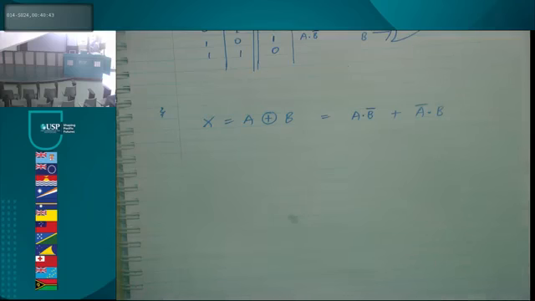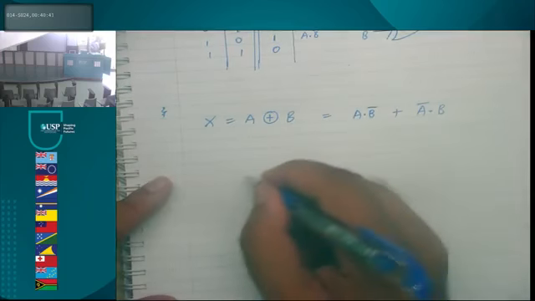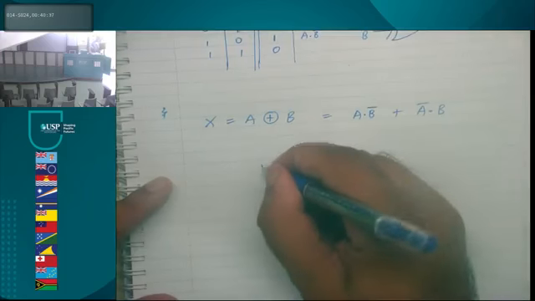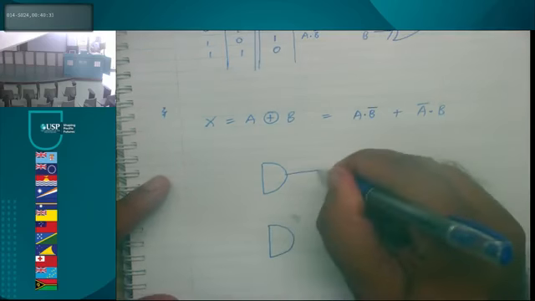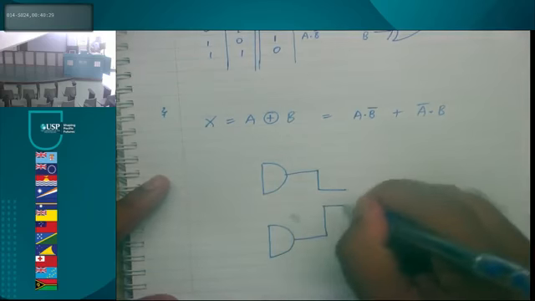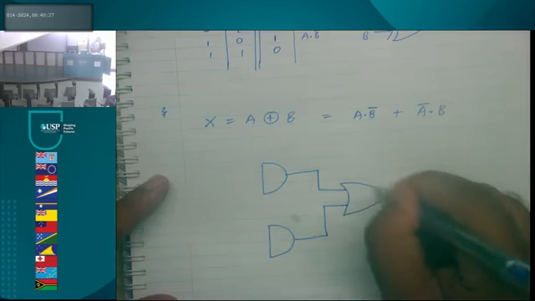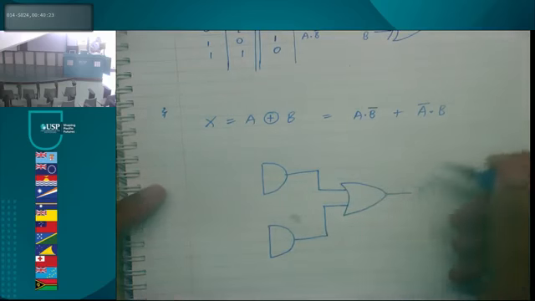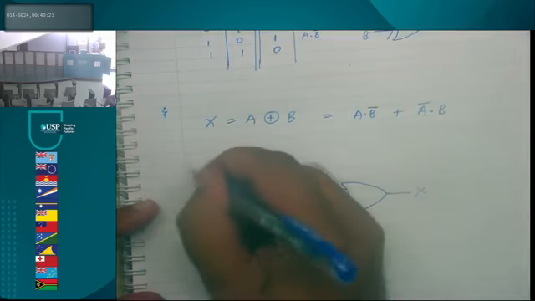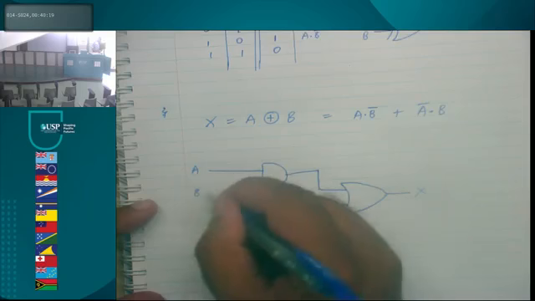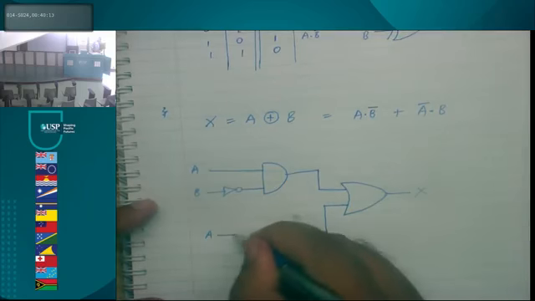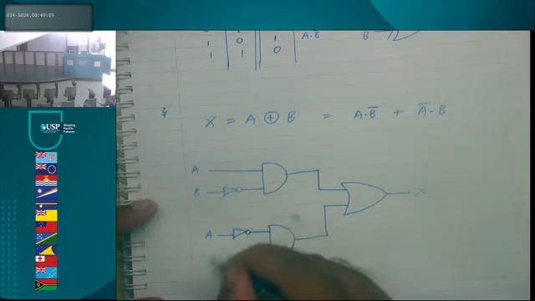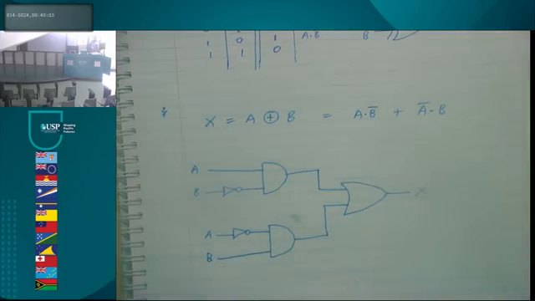So our circuit for A XOR B can be broken up like this. There we go, guys.